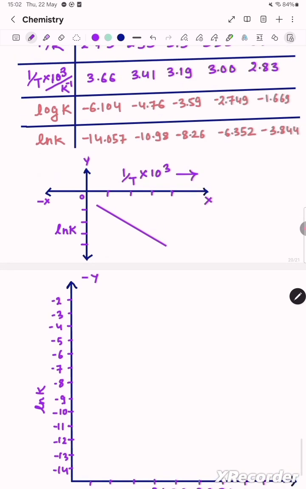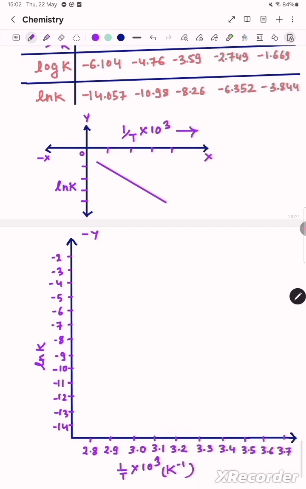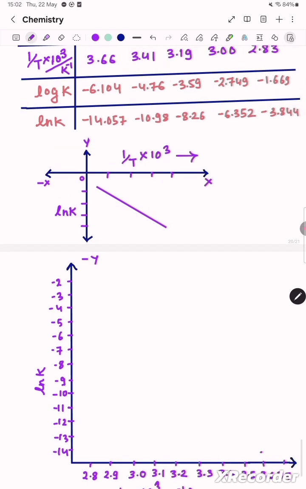Here 1 by T is here. So at 3.66 the ln k value is minus 14.057. So here we locate this 14 value, and at 3.41 the ln k value is minus 10.98. Sorry, 3.41. Here at 3.41 the ln k value is 10.98.